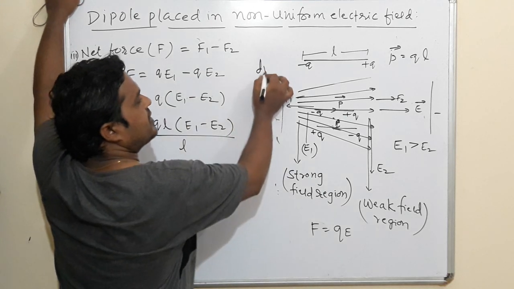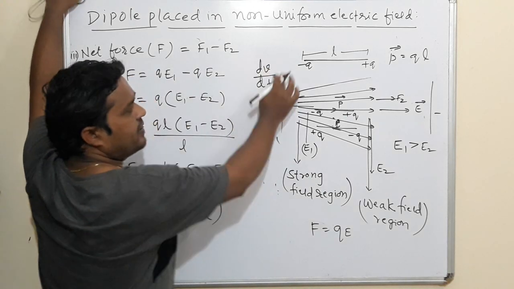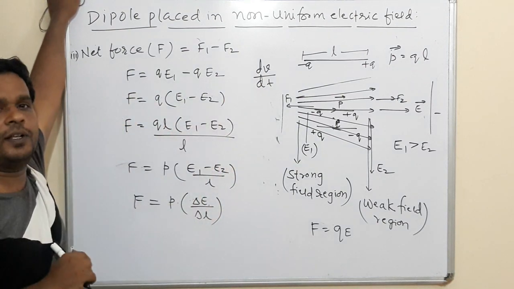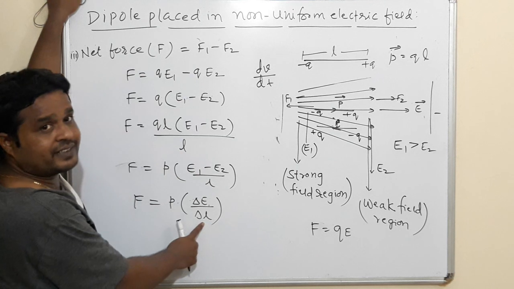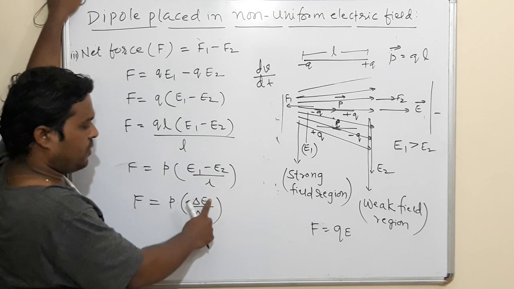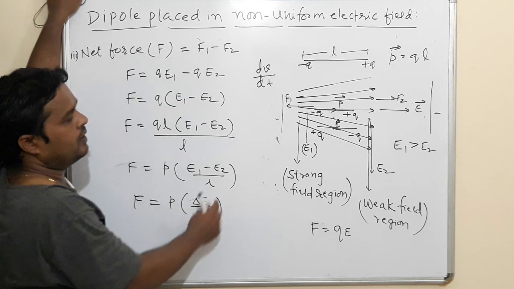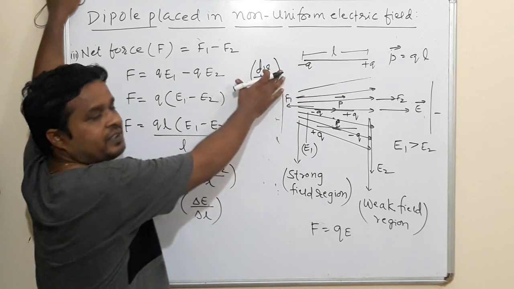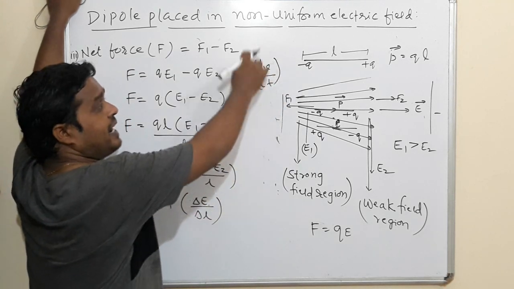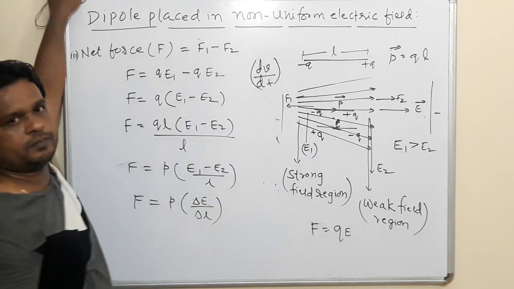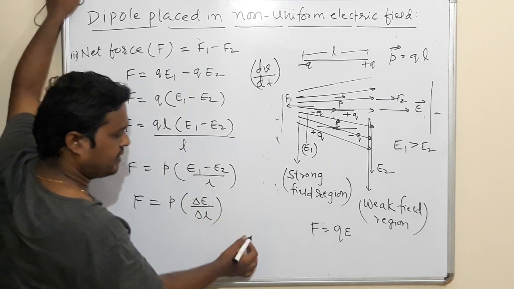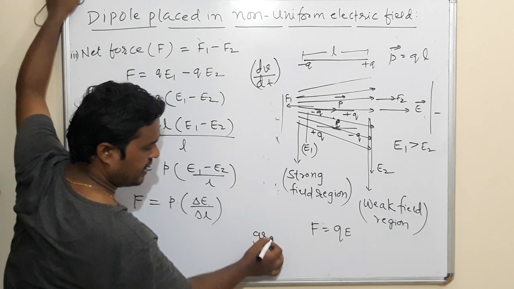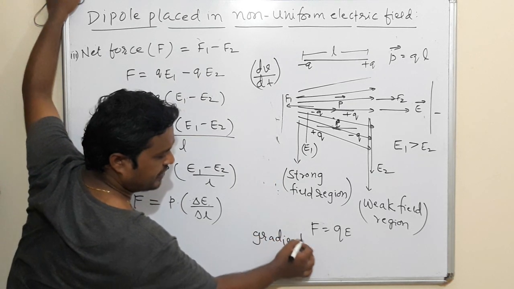If any quantity is changing with distance, like velocity changing with time, how do I read it? Rate of change of velocity. If a quantity is changing with respect to distance, we call it a gradient.